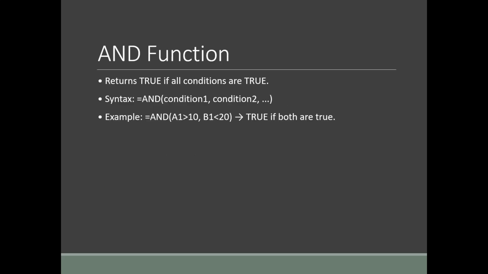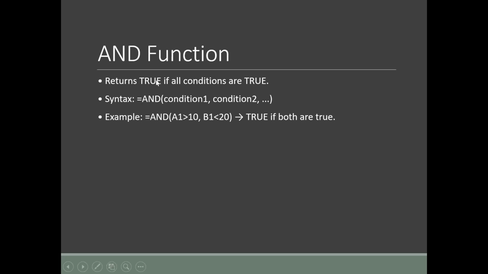So the AND function is a logical function here, and in programming languages it is also called a logical operator. By default, the logical operators in Excel always return a true or false value, I mean a boolean expression. If the condition matches it will return true, if the condition does not match it will return false.